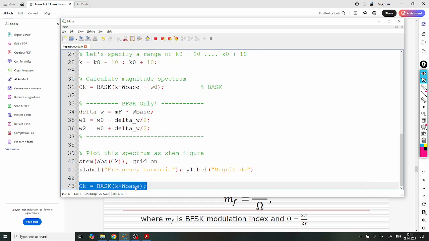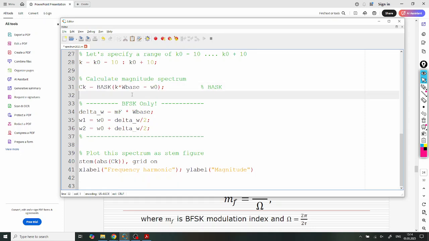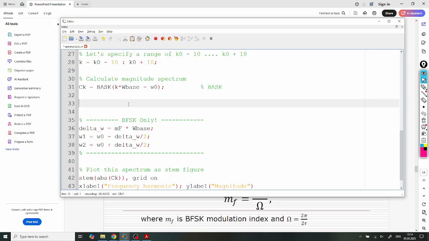Well, I don't need this. No, wait. No, I don't need this one. I already have it here. The same modulation for frequency omega 1 and omega 2. Well, actually I am going to have them separate. So calculate BASK spectrum, magnitude spectrum. And this one is calculate BFSK, magnitude spectrum.